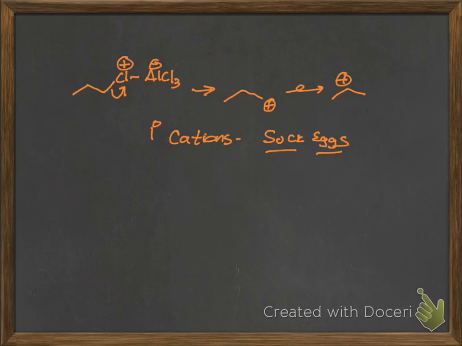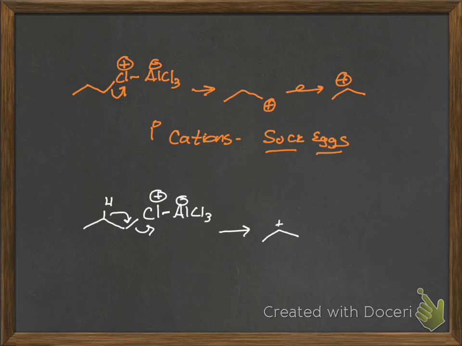So the prevailing thought on this, and I also pretty much call bullshit here, but the prevailing thought is what happens is this. A pre-rearrangement hydride shift occurs and generates this cation plus AlCl4 minus.